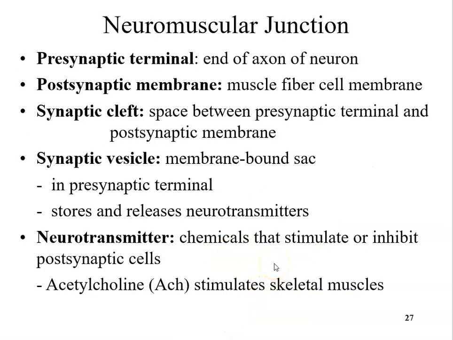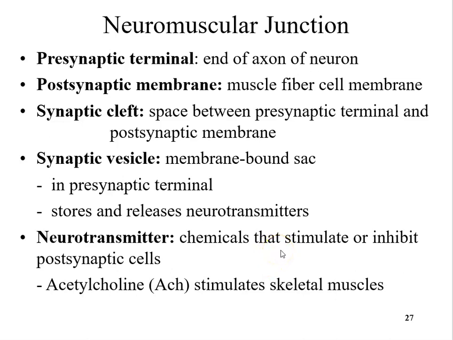When we zoom in on that neuromuscular junction, we're going to see specific areas. And these areas are important to understand how an action potential travels from a neuron to a muscle cell, how our nervous system signals our skeletal muscles to contract.